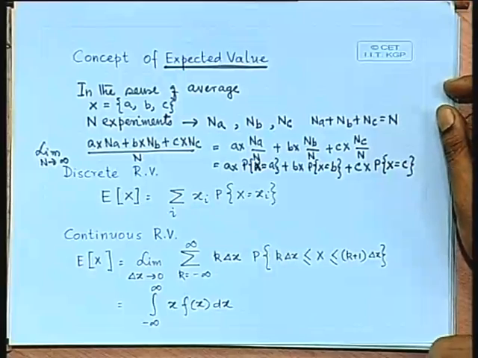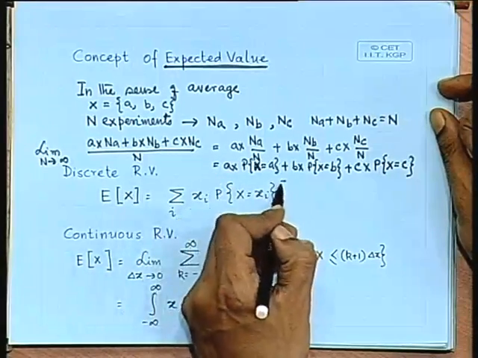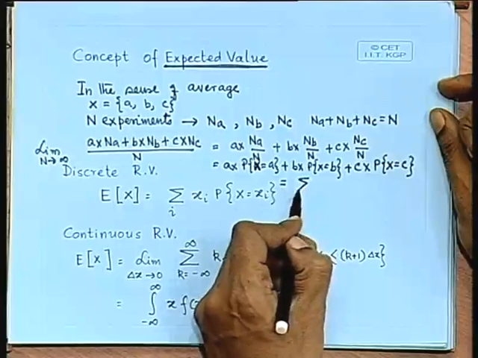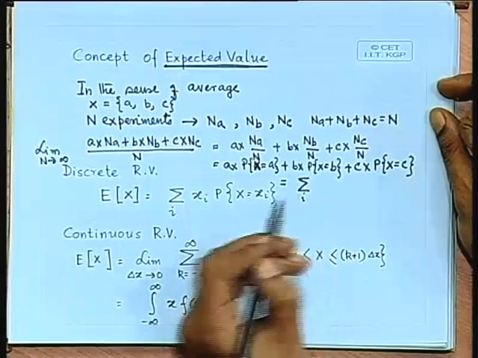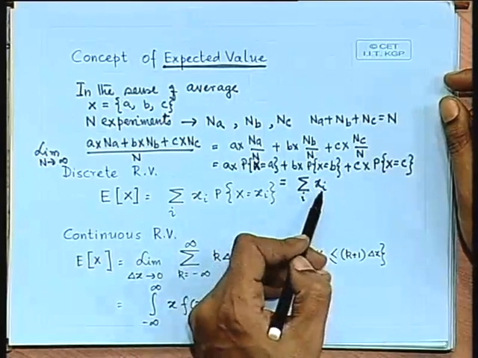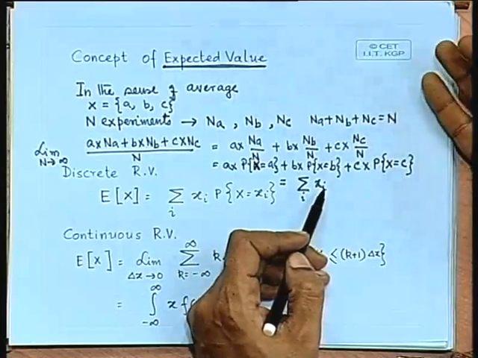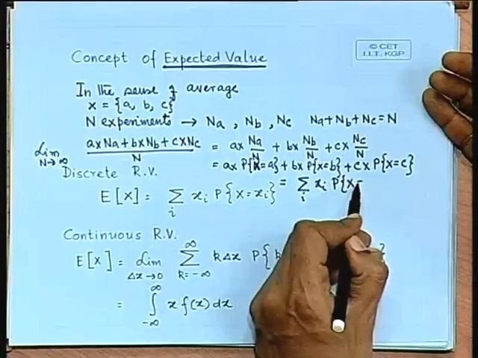So the average is the sum over all i of x_i times the probability that x is equal to x_i. Now we are saying that x takes values over an index set i. For example, x1 is a, x2 is b, and x3 is c.